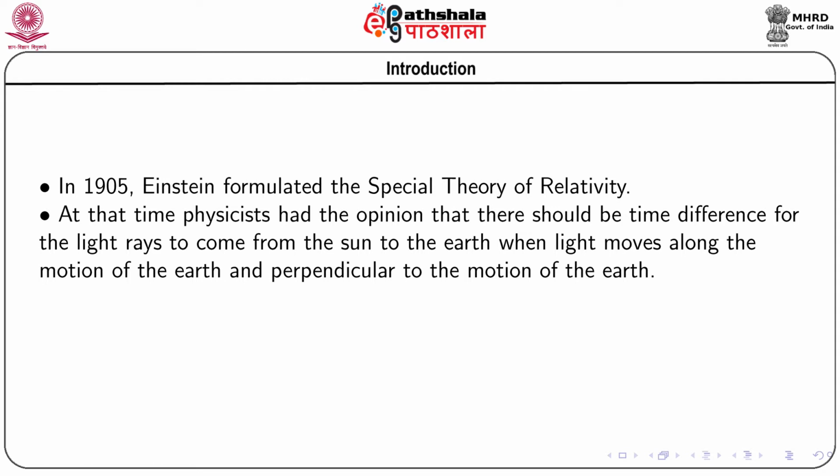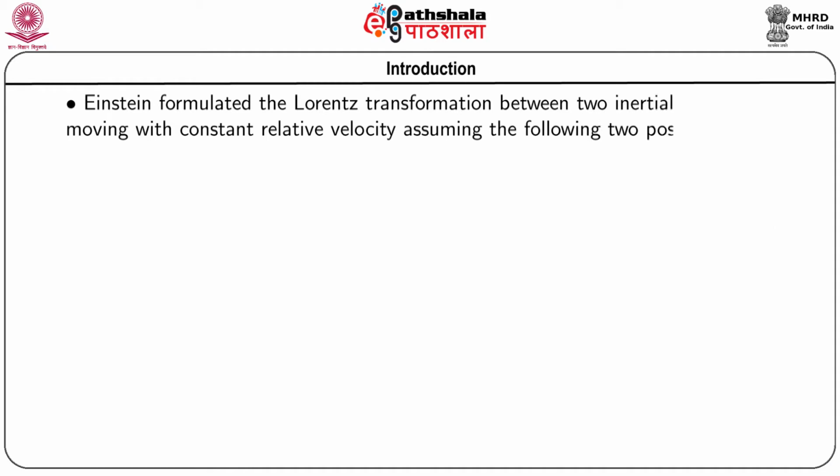Generally, we consider that if something is travelling from one place to another, it takes some time. So, physicists believed that the light rays coming from the sun to the earth should take some time, but actually this does not happen.